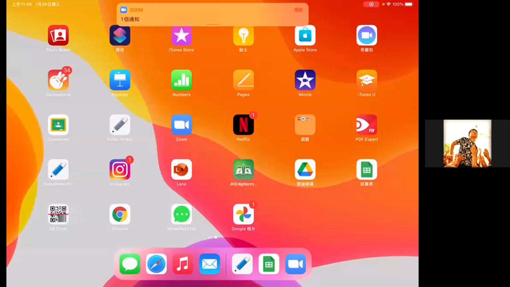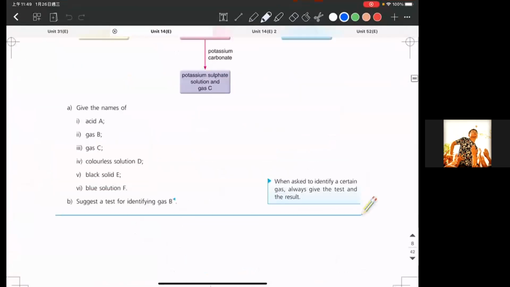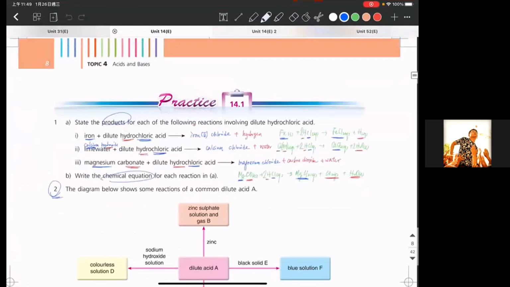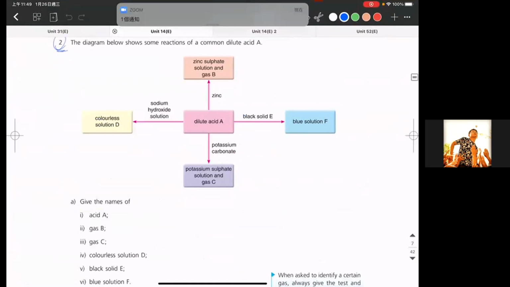Hello everyone. So we would have a lesson very soon. So before we start, I would like to remind you guys to try out this. I would like to check this right away. This question is on page 8. Question 8. So you are going to do this. Okay, and we would love to have a lesson right away.